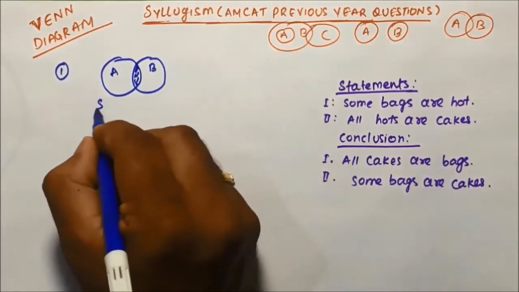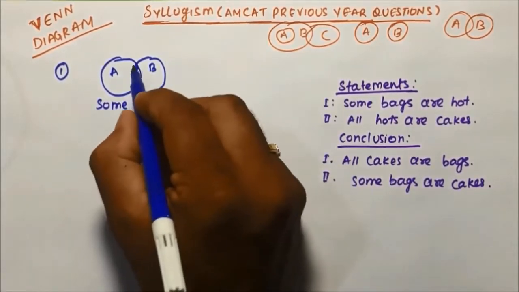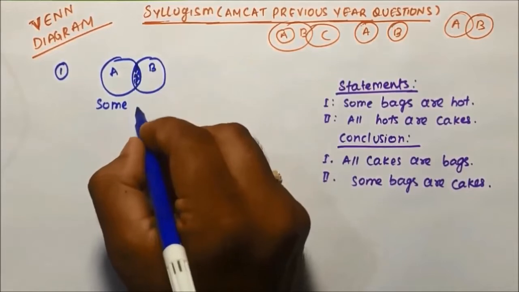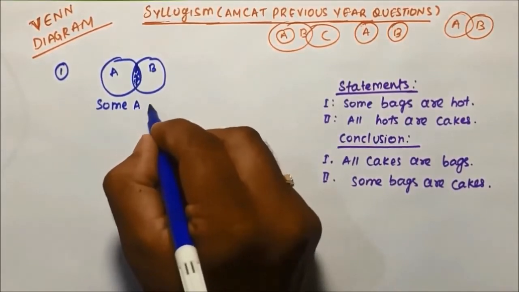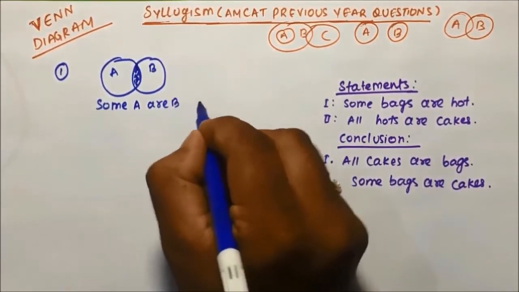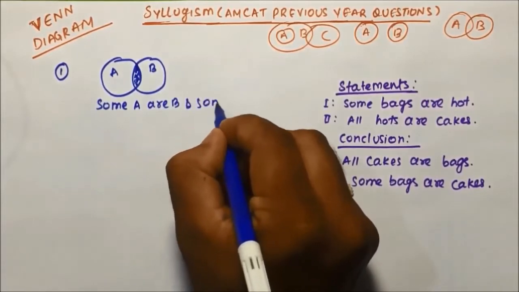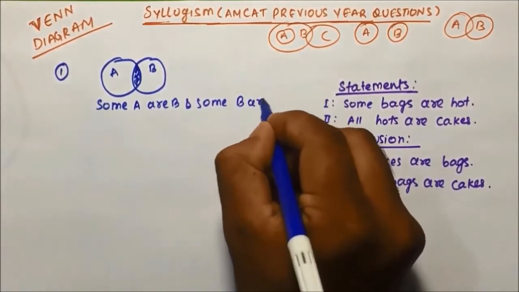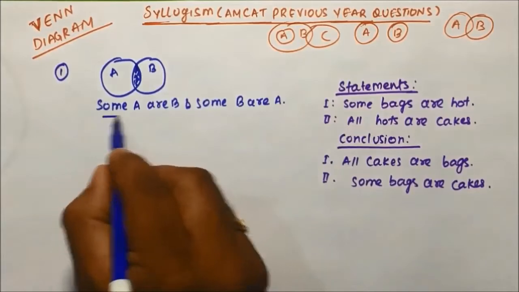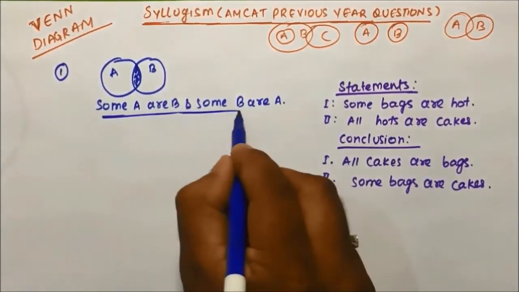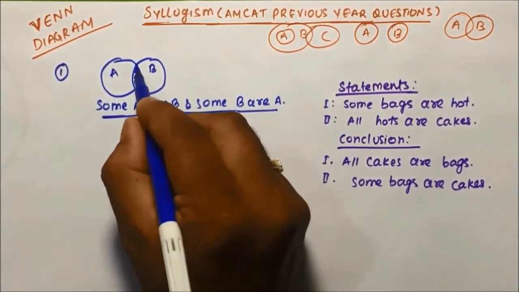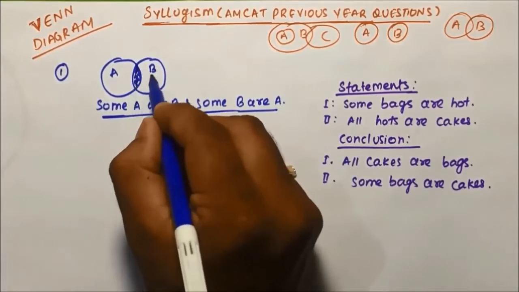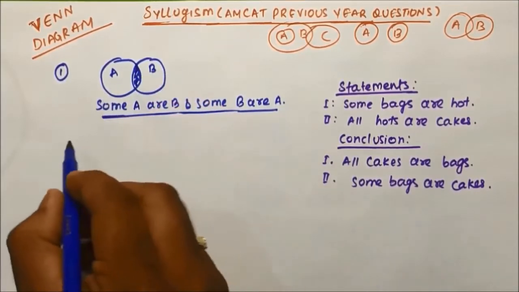So from here we can say some A are B, and we can also say some B are A. Both are true. If some A are B, then we can also say some B are A in this diagram, because you can see very well that some part of A is in B and some part of B is in A.